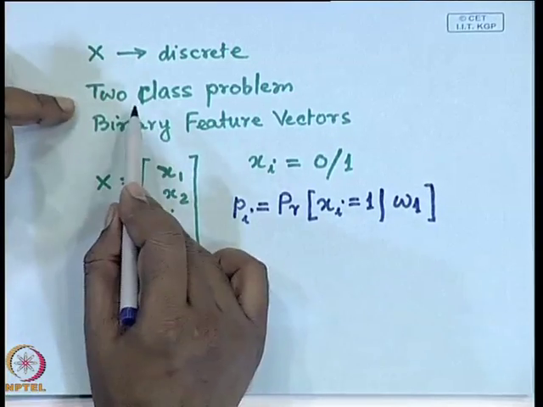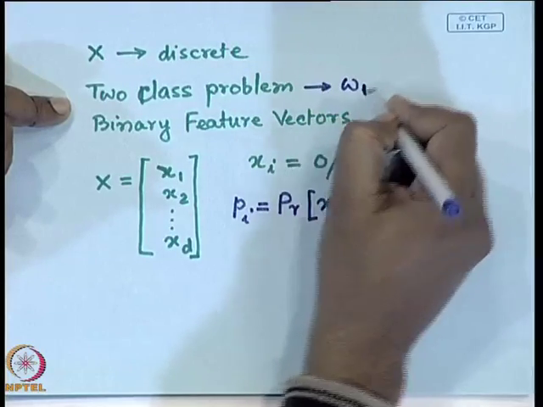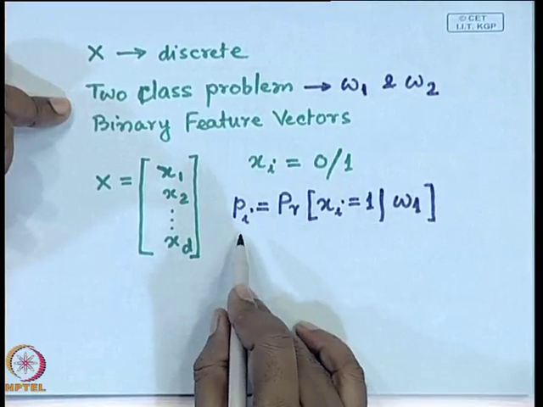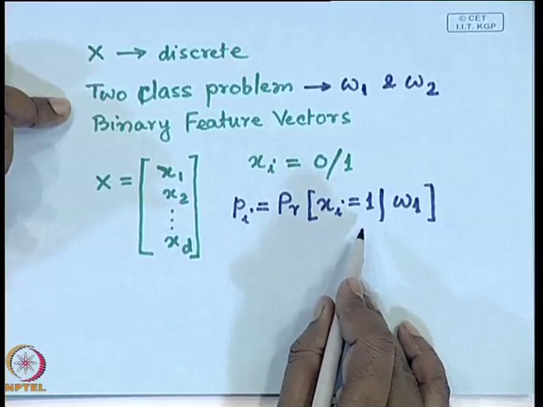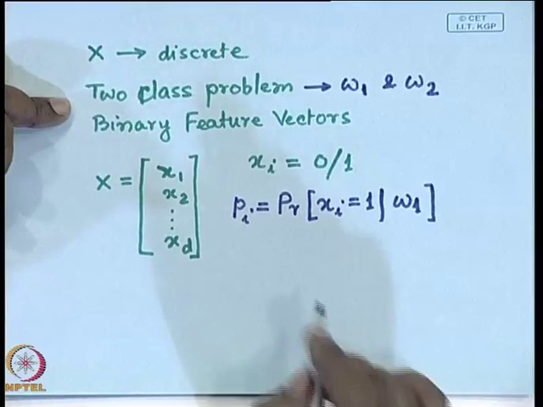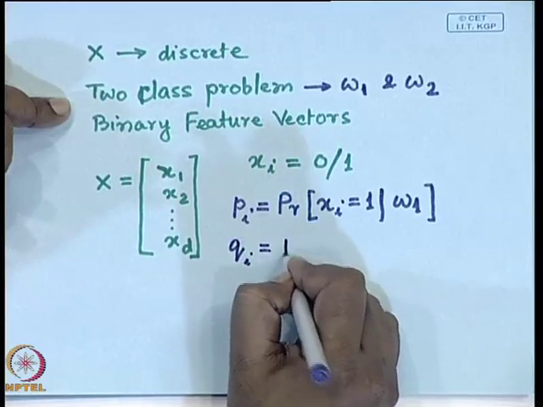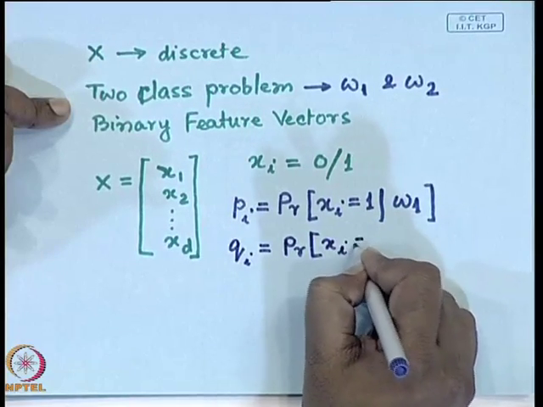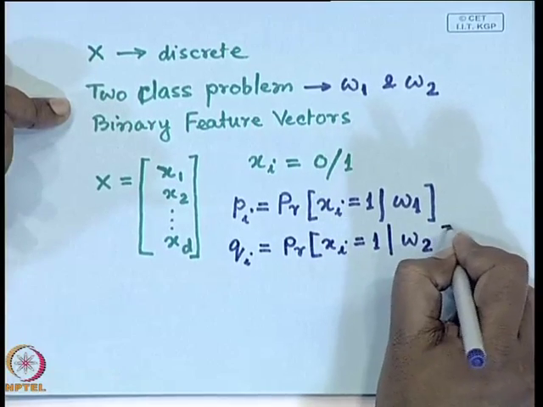We are considering a 2 class problem, so we have classes omega 1 and omega 2. So, p i represents the probability that x i is equal to 1 given that the true state of nature is omega 1. Similarly, q i is the probability that x i, the same component, is equal to 1 given the true state of nature is omega 2.